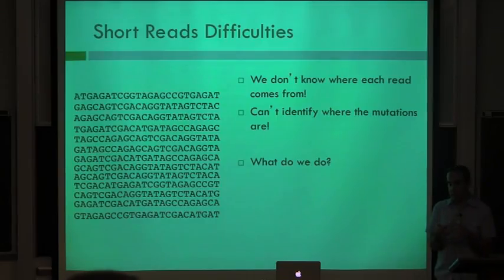So the idea is this. Why don't we look for overlaps? You take two sequences of length 30, and if they overlap, let's say by the last 10 positions, then you can extend that to a sequence of length 50.